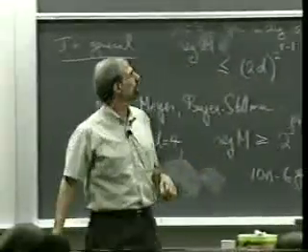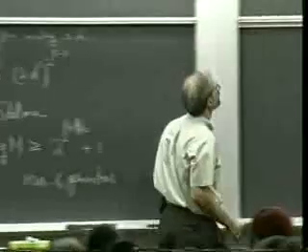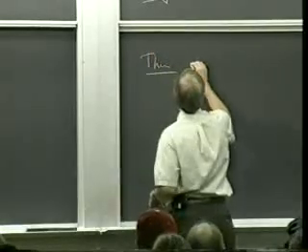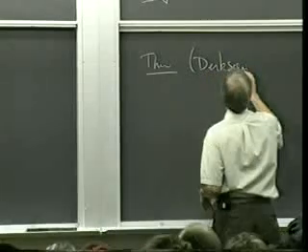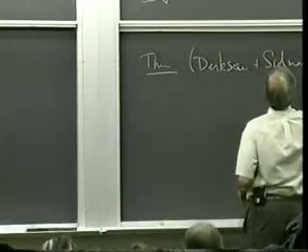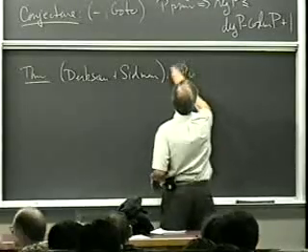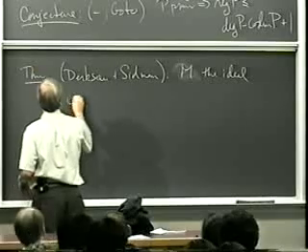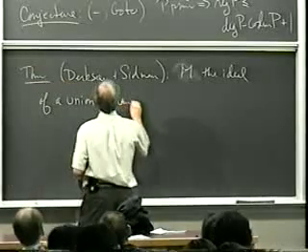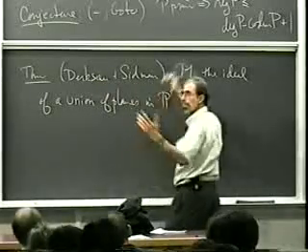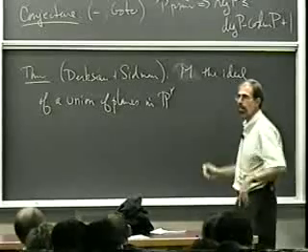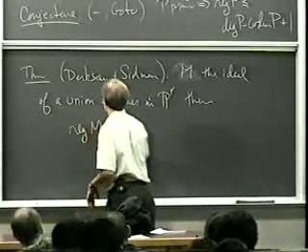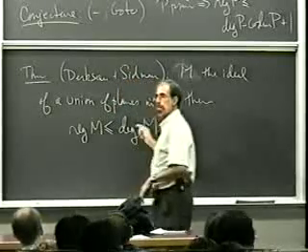If you took an equidimensional reduced ideal, there's a recent theorem of Derksen and Sidman along this line, that if M is the ideal of a union of planes in P^r, planes of different sizes, different dimensions, any dimensions you like, they can meet any way you like, they can fail to meet any way you like, then the regularity of M is bounded by the degree of M. And that's best possible in this case.